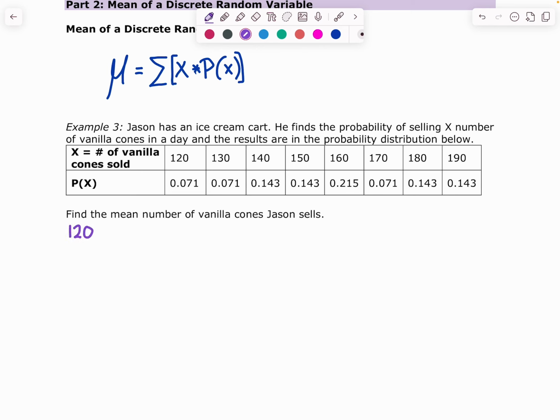So I'm going to do 120 times 0.071, and that is 8.52. And then 130 times 0.071, 140, and so on.